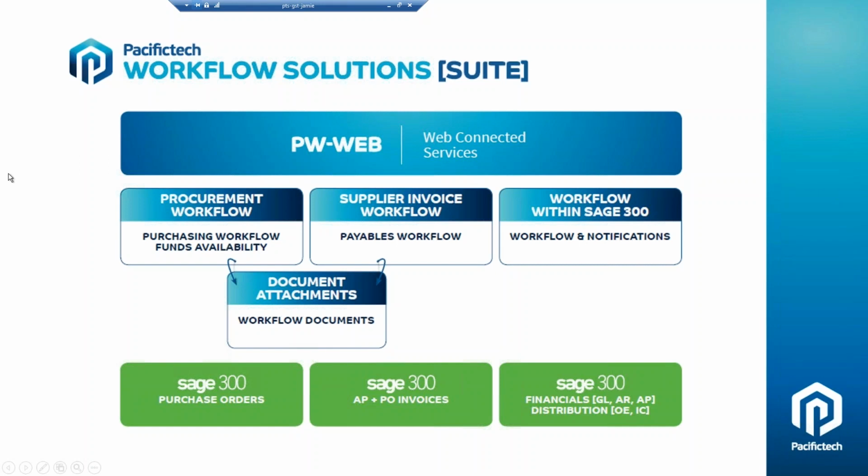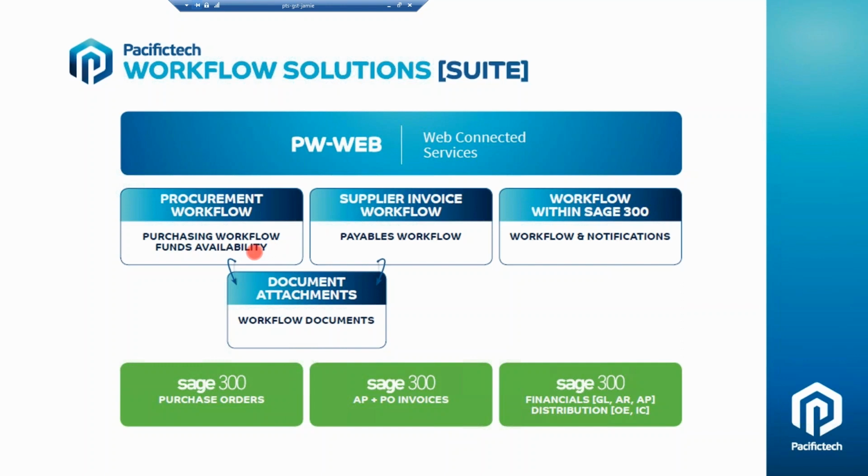Over here is purchasing workflow, which is what we'll be focusing on today, the procurement side of it. That's where you can set up the workflow to go through multiple approval steps and have all your delegated authorities for how much people can approve.